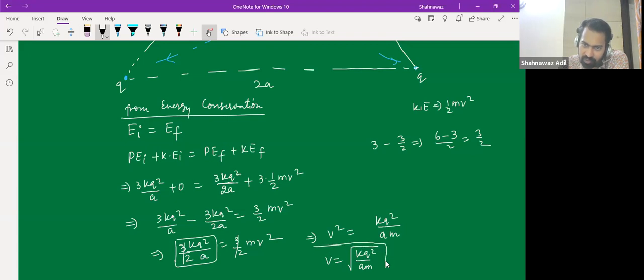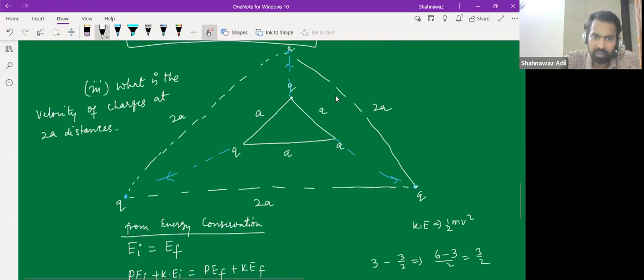This is the velocity. Is this clear to you guys? Okay, so please note it down, and please note down this problem.